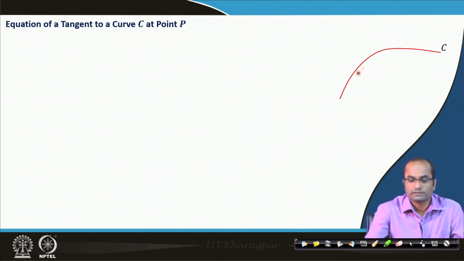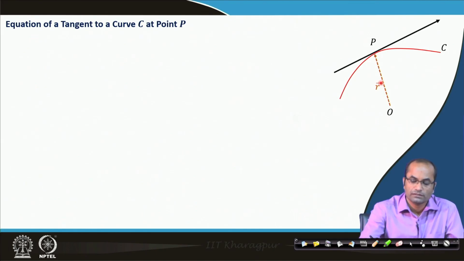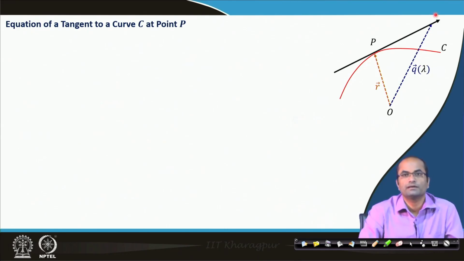For instance, this is the curve given by this arc here, and we are interested in finding the equation of the tangent line at this point P. We know how to get the tangent vector, but now we want the equation of this tangent line. Suppose this is the r vector, the position vector of point P, and we take another general vector, q, that will give us the equation of the tangent.